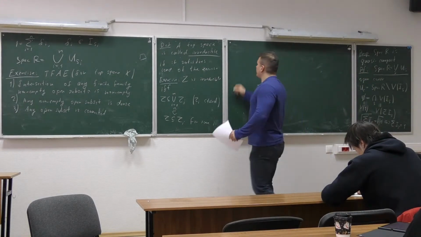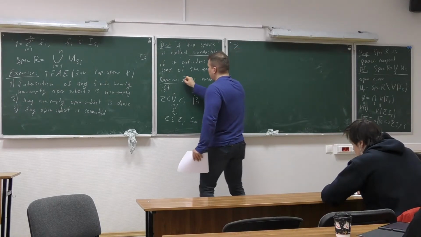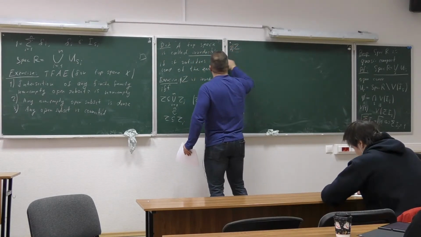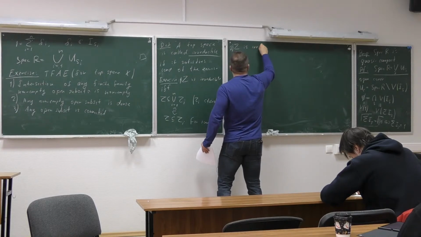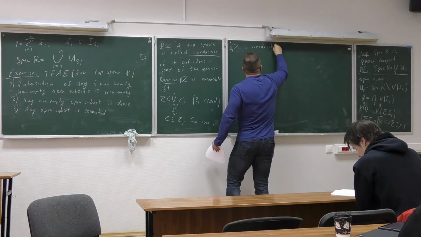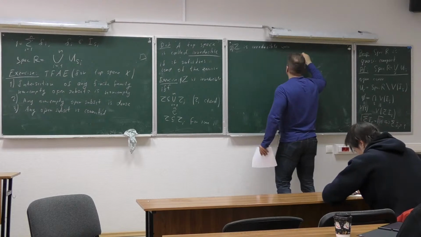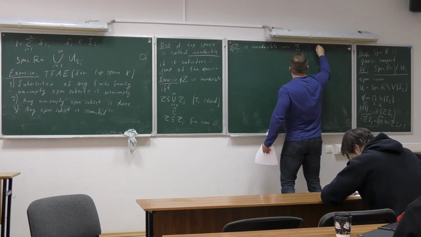And then the last exercise, say this is 1 and 2: Z is irreducible if and only if the closure of Z is irreducible.